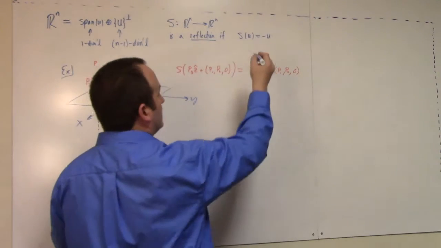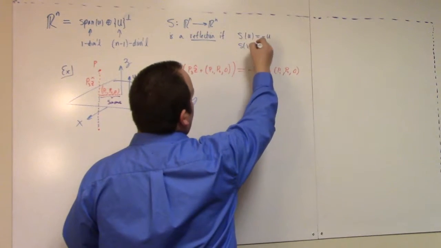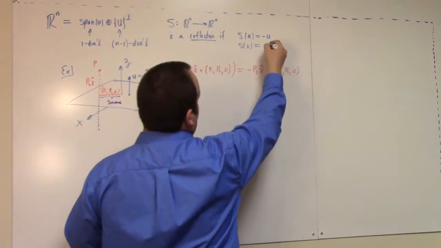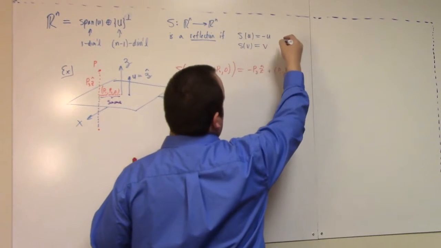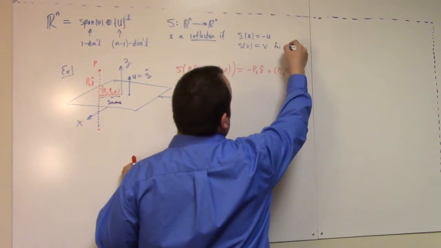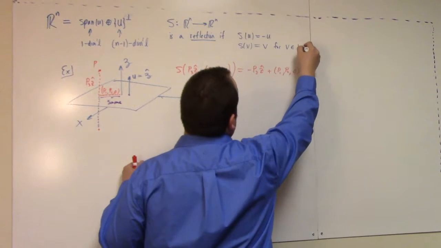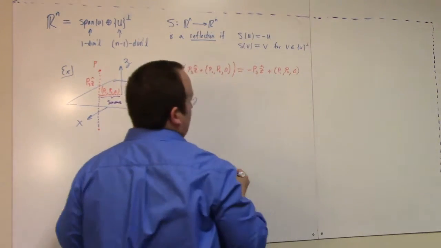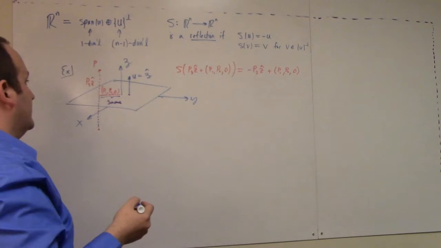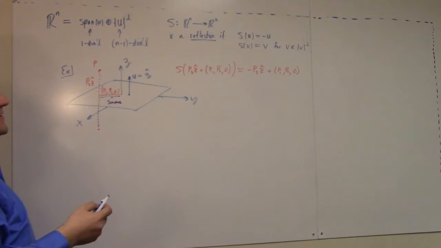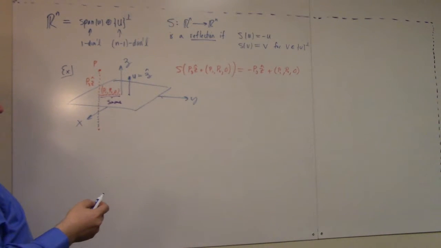And for any v in U perp, it's going to be v. It just fixes v for v in the perp, right? So that's a reflection.